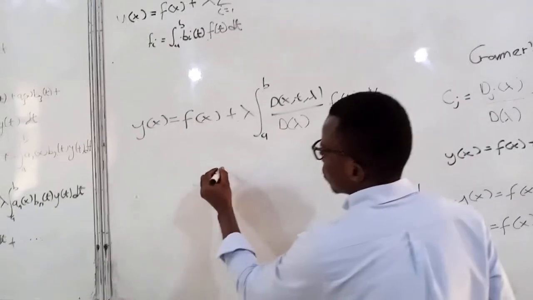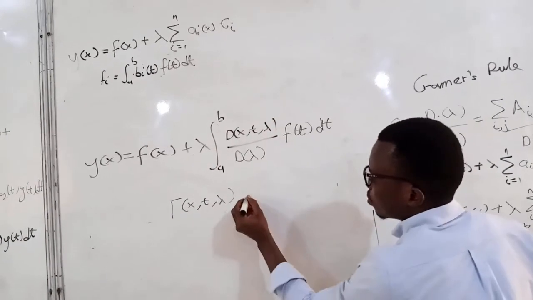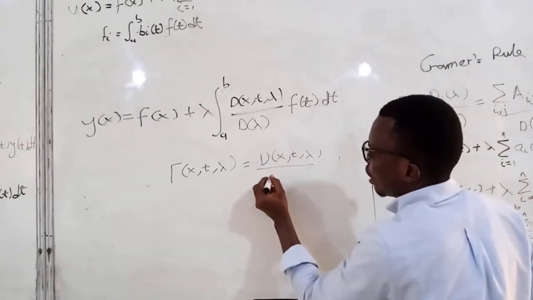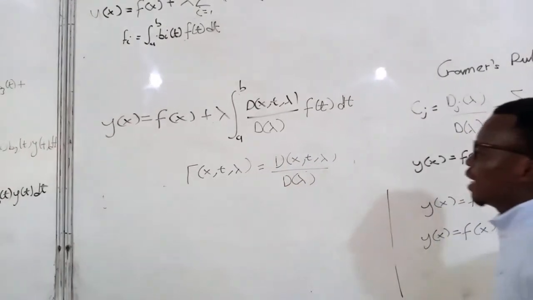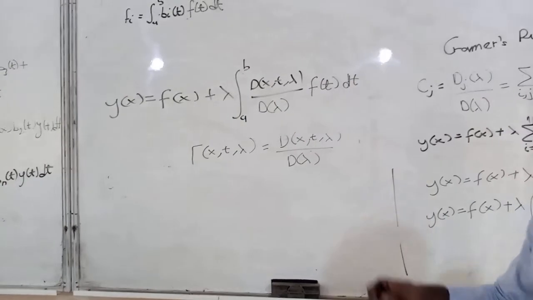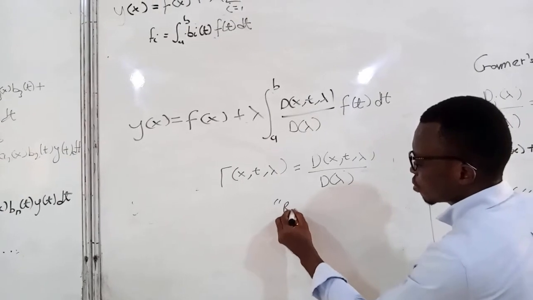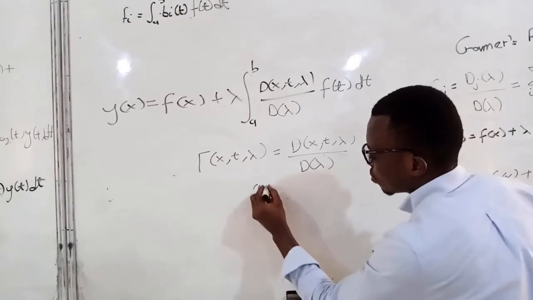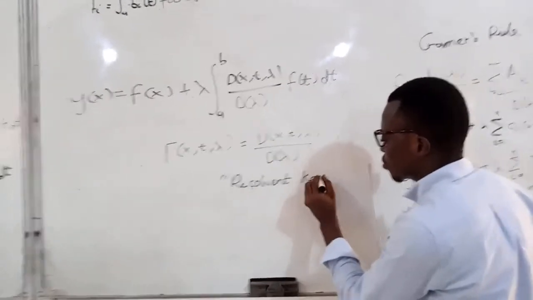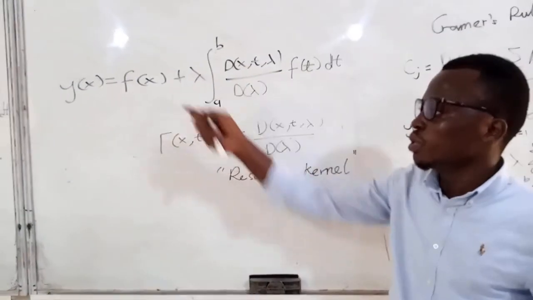Let's name this gamma of s, t, lambda to be equal to this side: d of s, t, lambda divided by d of lambda. And we are going to name this the resolvent kernel, as we did in the approximate method. So let's substitute this into this equation.